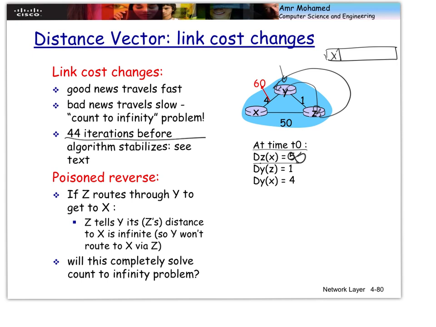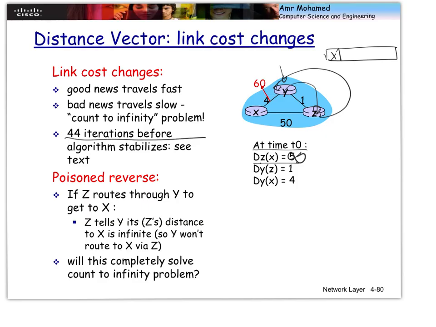But let's see how the simple rule will solve the problem. So instead of going through 44 iterations to reach the state of convergence, let's see how this poisoned update solves the problem.